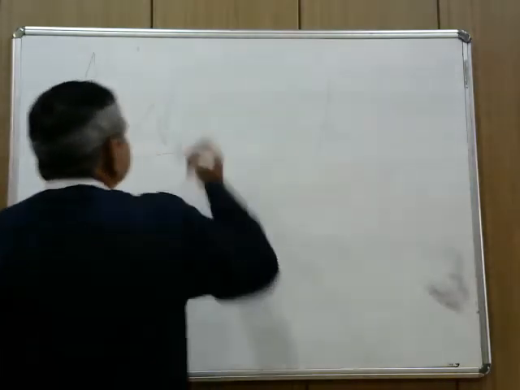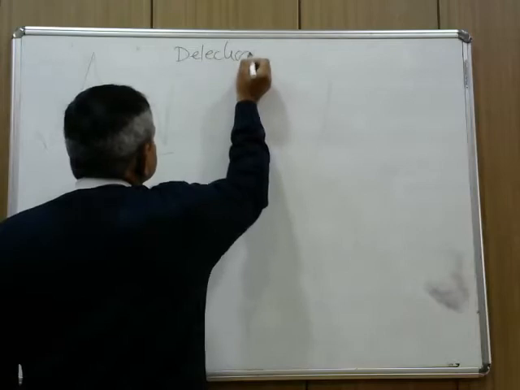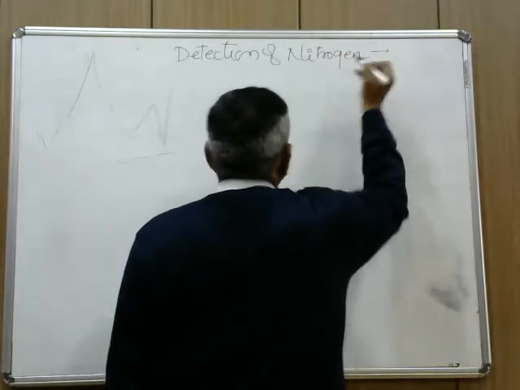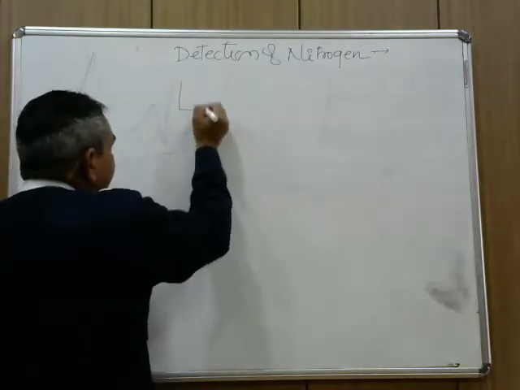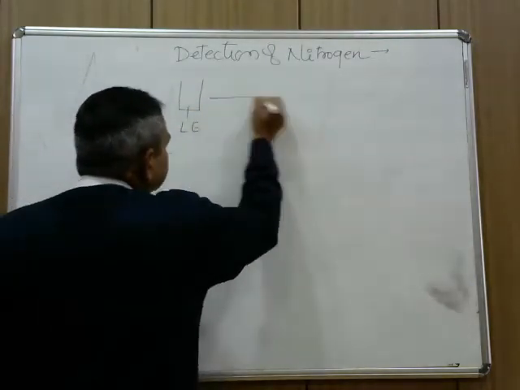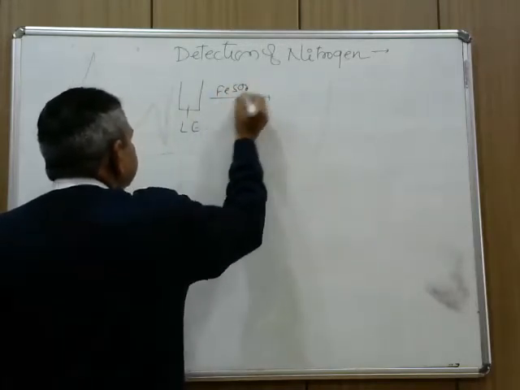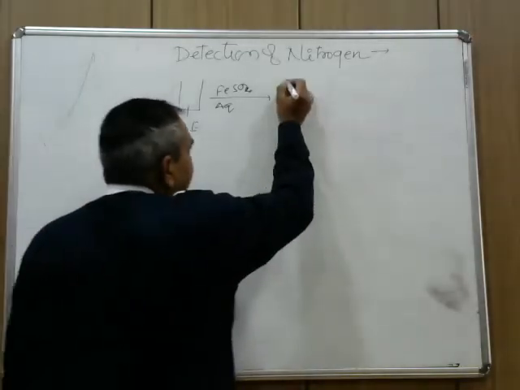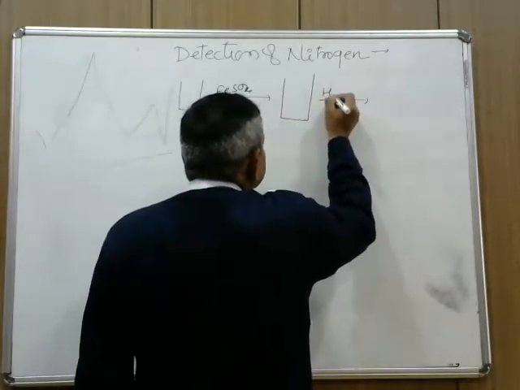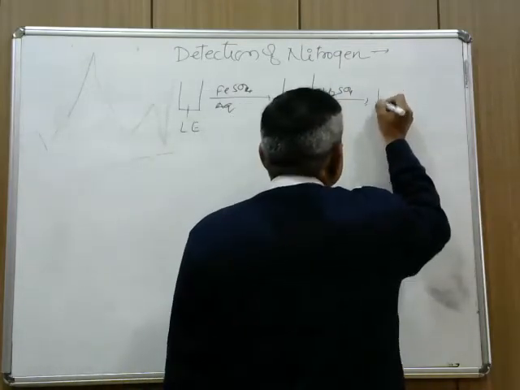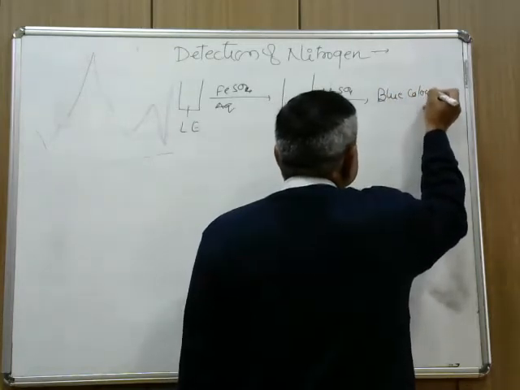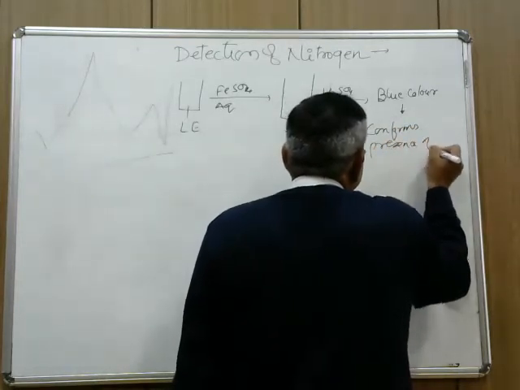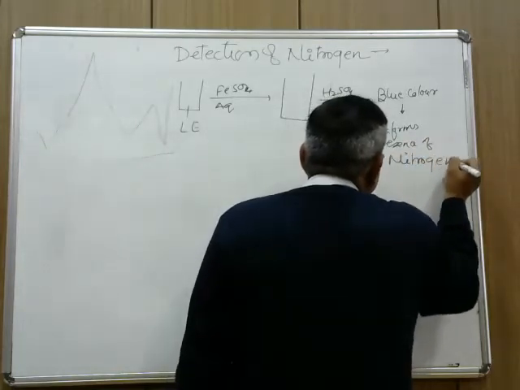Now we come to the detection of nitrogen. In this, Lassaigne's extract is first boiled with iron 2 sulfate, ferrous sulfate, and then sulfuric acid is added, and the appearance of a blue color confirms the presence of nitrogen.